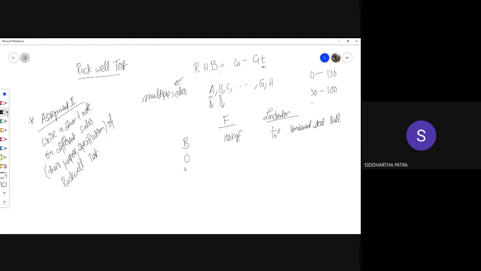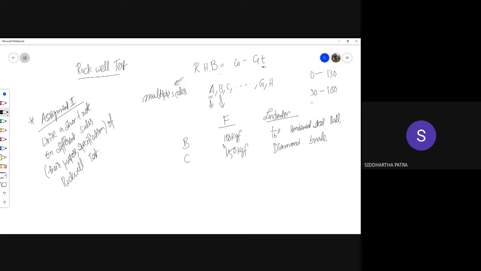But if you go for C scale, this load is 150 kg force and the indenter is diamond brale.